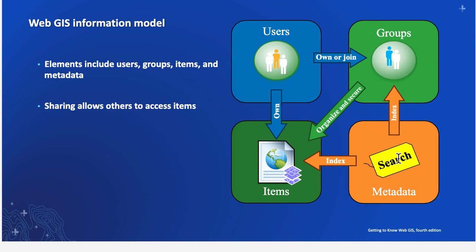Content items have metadata, and usually what's included in the metadata is title, summary, description, categories, and tags. And metadata is indexed, like we see here with these arrows, so users can search and discover these items more efficiently. And users can keep information to themselves, share with certain groups, share with their organizations, or share with everyone.